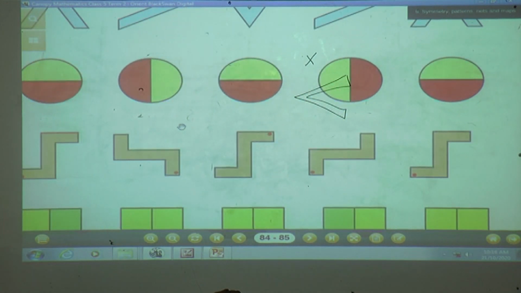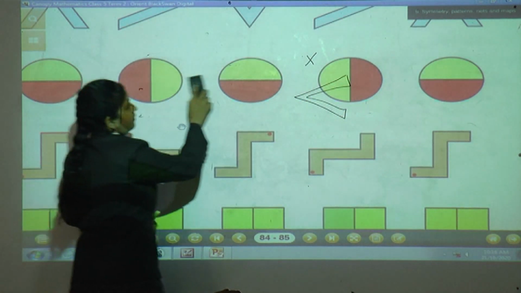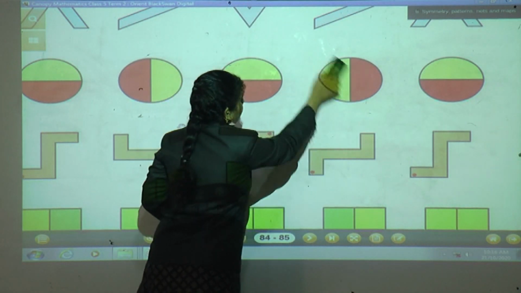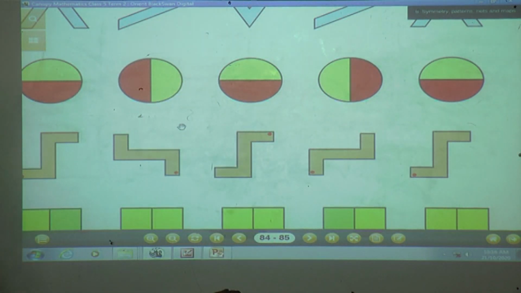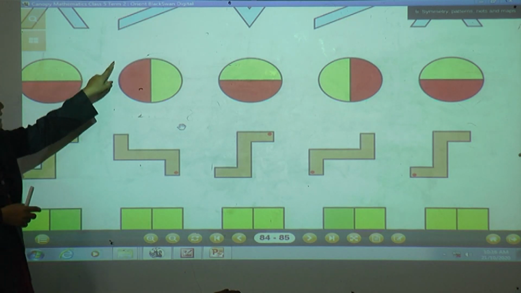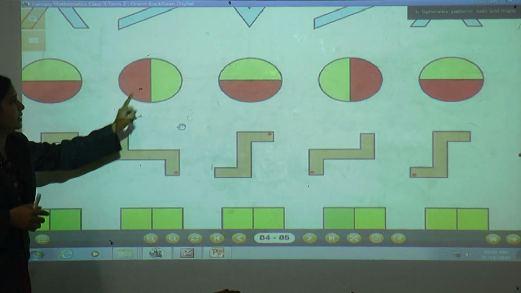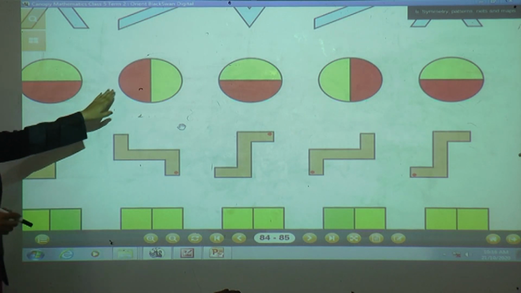See students, red color, yellow color and red color. Now students, tell me, the yellow color will come here and the red color will come here.